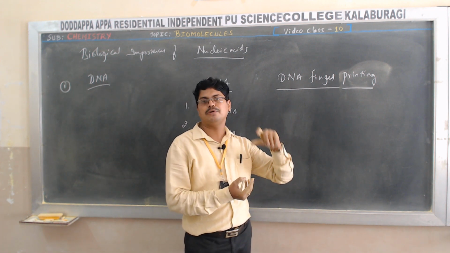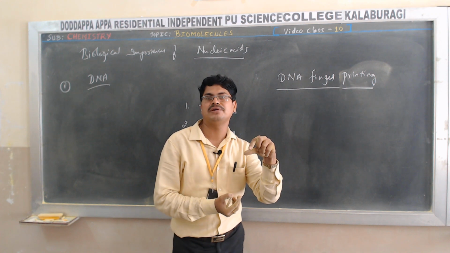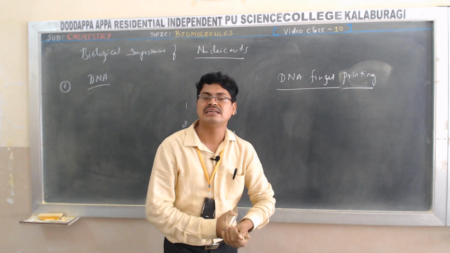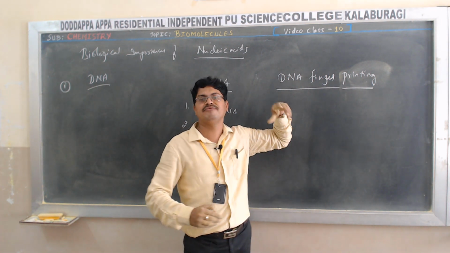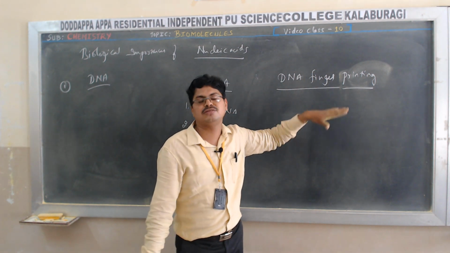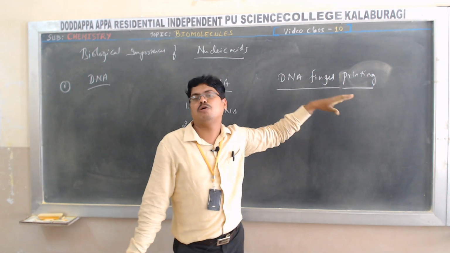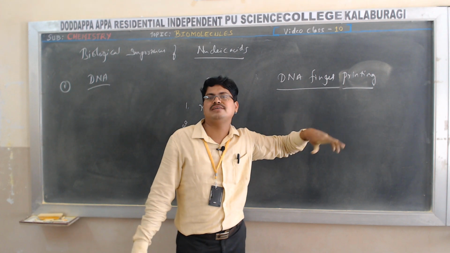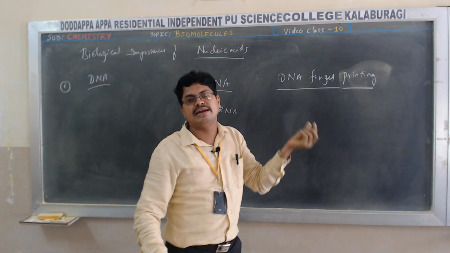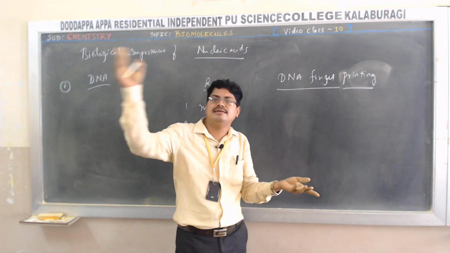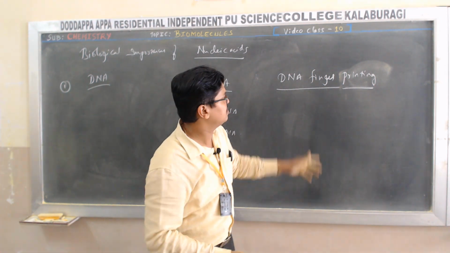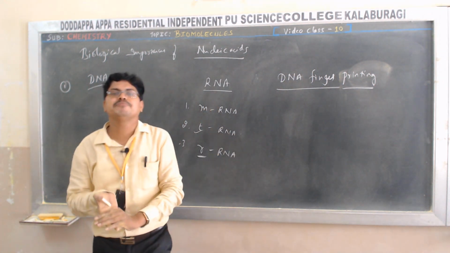In forensic laboratories, using this DNA fingerprinting, they identify criminals. Also it is used to identify paternity, and also to identify dead bodies by comparing the DNA of that dead body and their parents. So that is regarding the DNA fingerprinting.